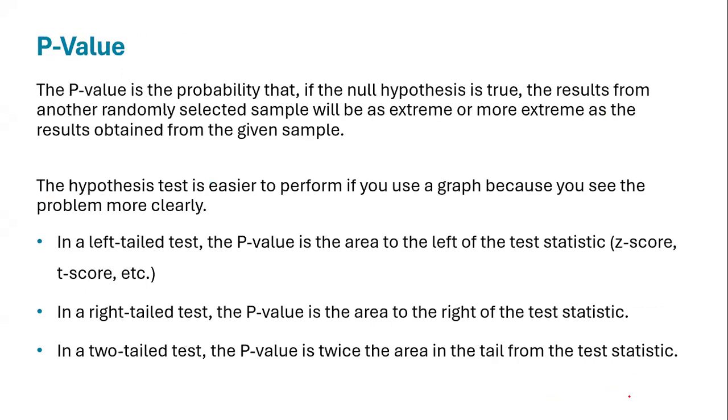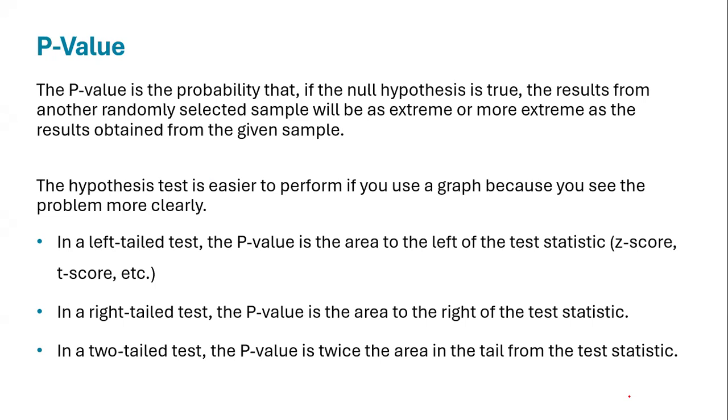P-value is a probability value, the probability that the null hypothesis is true. The p-value method is one method to compare the result and make our decision. So far we said that for a hypothesis test, we need to write the null and alternative hypothesis.